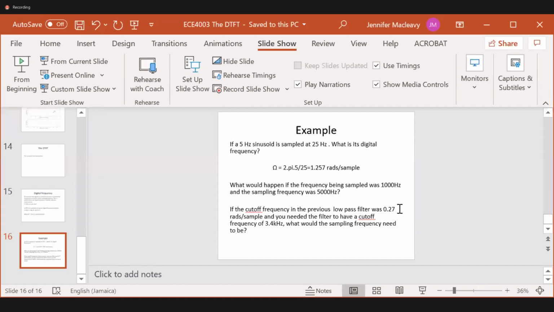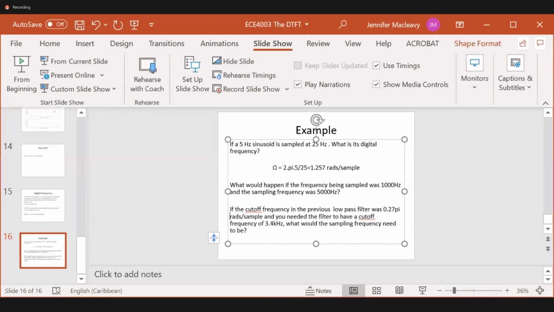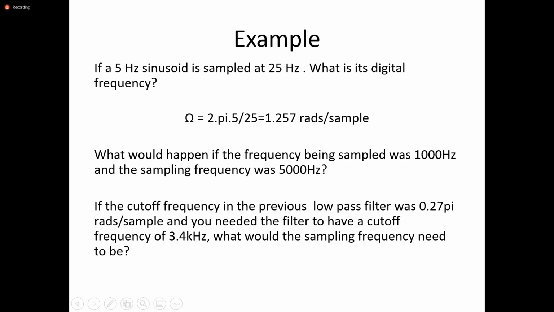So our cutoff frequency needed to be 0.27 pi radians per sample, and you need the filter to have a real-world cutoff frequency of 3.4 kilohertz. What sampling frequency would you need?